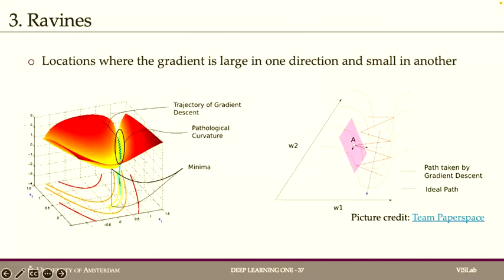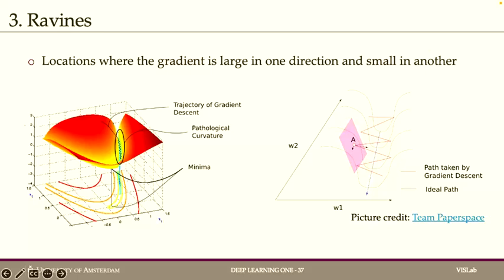Ravines is another description of what problematic things can happen when you try to optimize. It is the case when the gradients are large in one direction but extremely small in another. And again, because you cannot see exactly where you're going, for example, on the right-hand side, you might just go towards the middle of the valley in one step, and then go down the valley in another step, right?